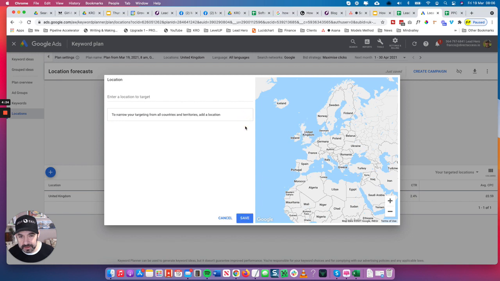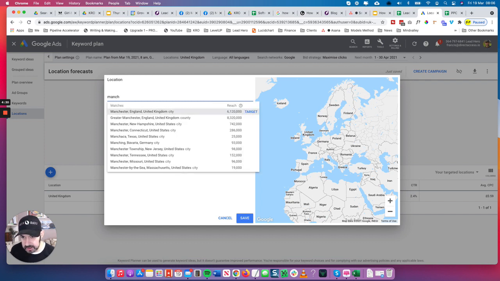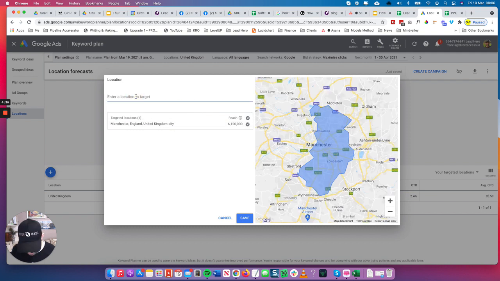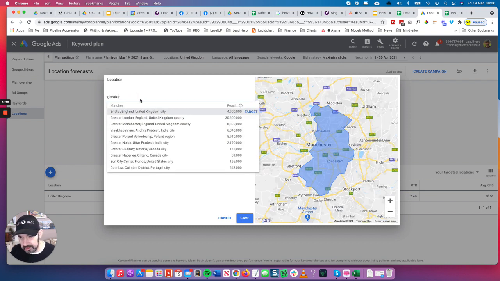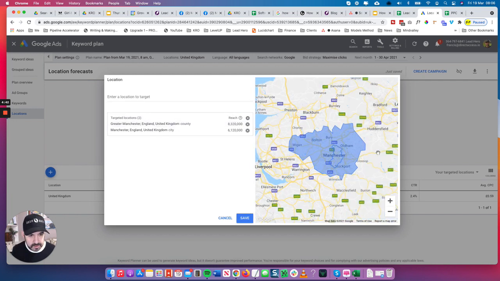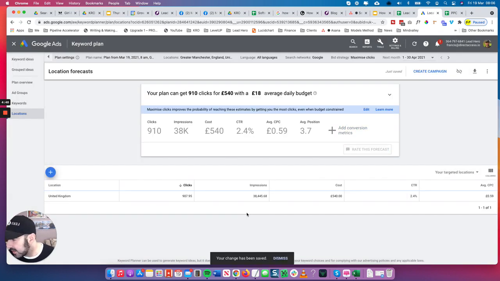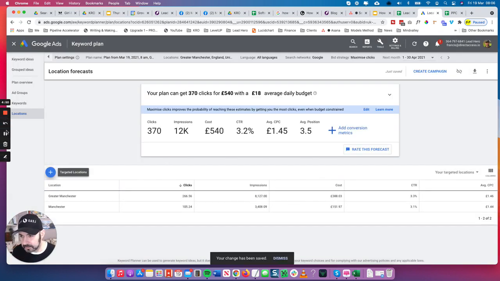Let's get rid of this. And let's say we are in Manchester and we want to target the Manchester area, which is a nice big city. Or you could just do Greater Manchester if you have the capacity. Right, so you want to target this whole area here and click Save.